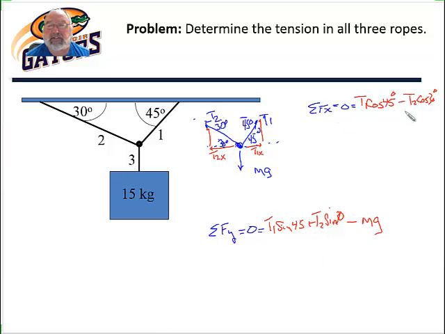The x equation is a little bit simpler because there's only two terms, whereas in the y equation we have three terms. So I'm going to solve for T1 in terms of T2, and then substitute into T1 in the y equation and solve it that way.